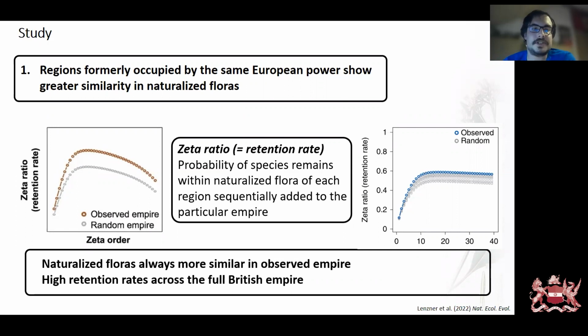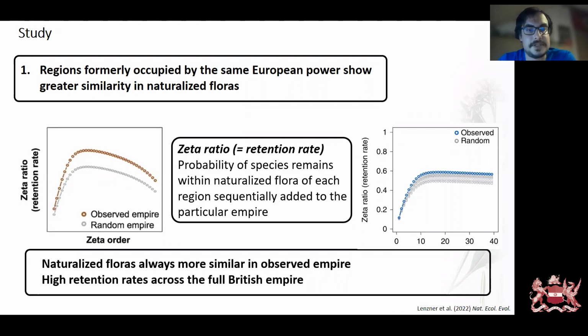But also very interesting here in the British case is that we have this very stable tail, which indicates a very high retention rate across the full or large parts of the empire, indicating that there is a high degree of homogenization in the non-native floras across many regions of the empire, which makes sense because the British Empire was by far the largest empire.